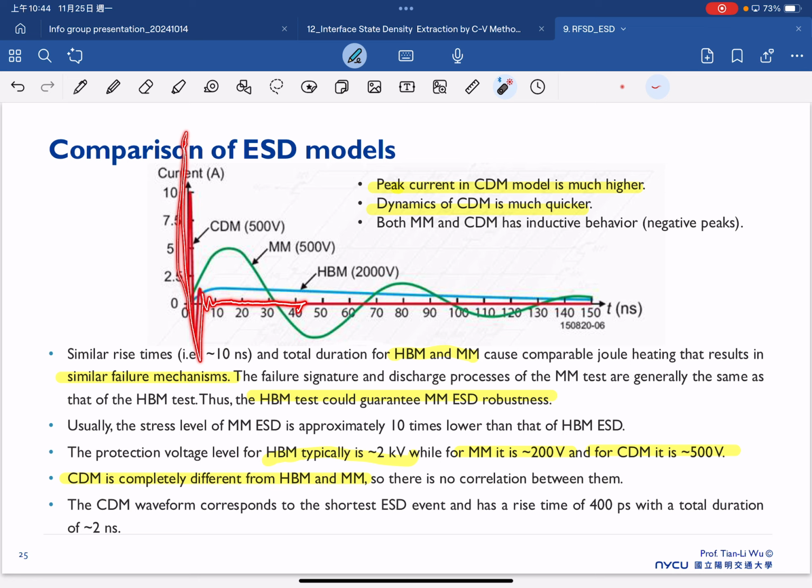So that means the degradation mechanism for CDM must be different compared to MM and HBM here. The CDM waveform corresponds to the shortest ESD event and has a fast rising time with a total duration of only 2 nanoseconds.